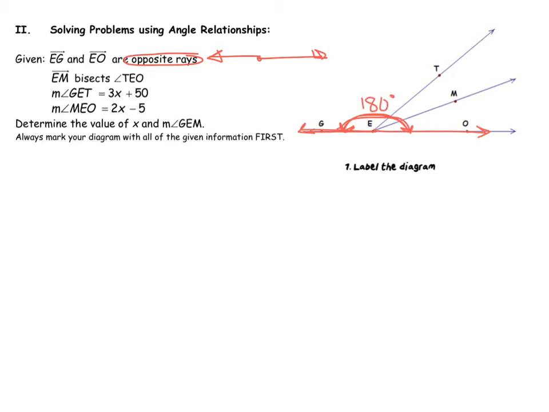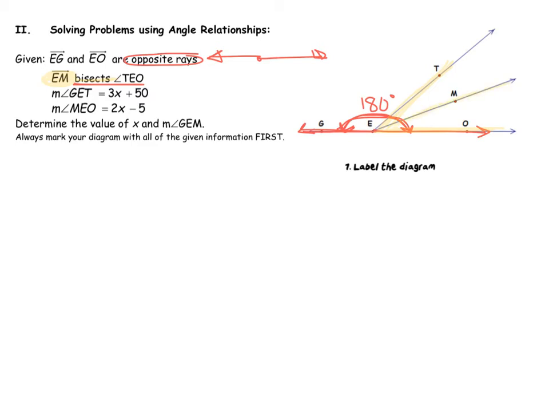Next, it says that EM bisects angle TEO. So I'm just going to highlight angle TEO to help me figure out what I'm bisecting. TEO has a vertex at E. This is angle TEO here. And it says that ray EM bisects TEO.